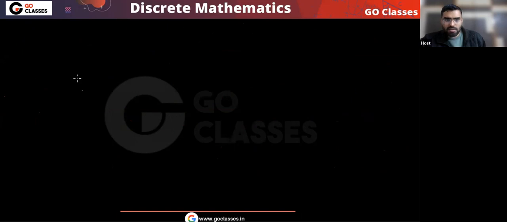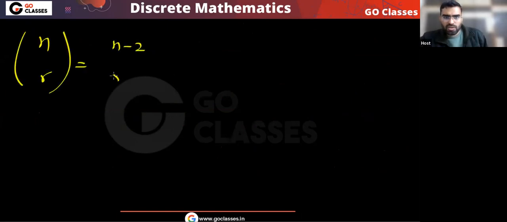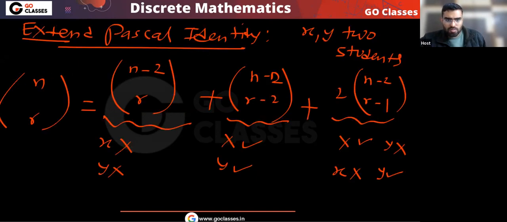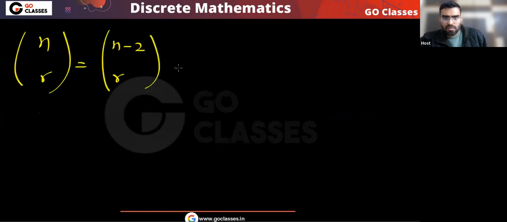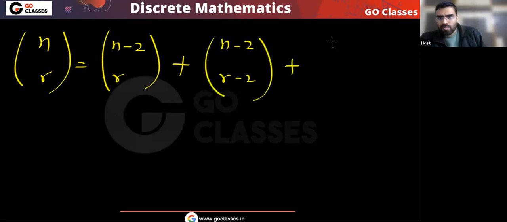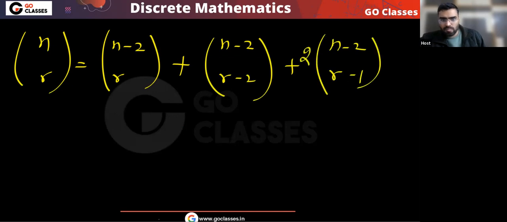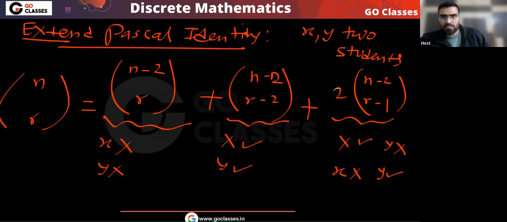NCR is equal to (n-2)CR plus (n-2)C(R-2) plus (n-2)C(R-1) multiplied by 2. This must be multiplied by 2. Is this clear? So this is your Pascal identity.